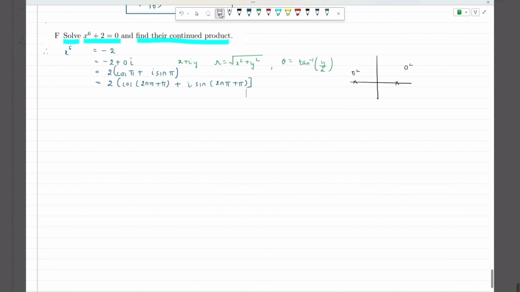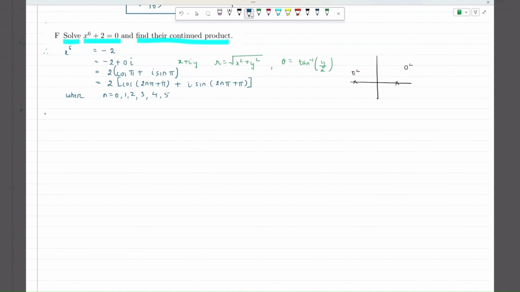Now, since we have introduced n, we got to tell what n is. So we'll just say that n takes the values starting at 0 and goes up to 6 count, so that is going to be 0, 1, 2, 3, 4 and 5. So this is the first part wherein you have written x raised to 6 in polar form, and then further you have increased the argument by 2n pi.